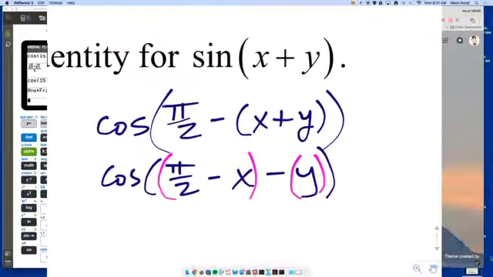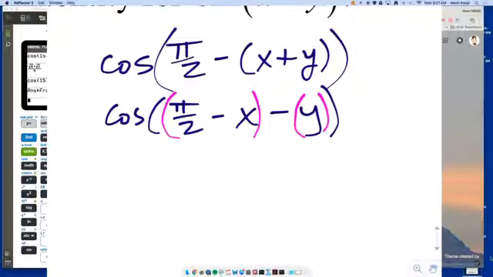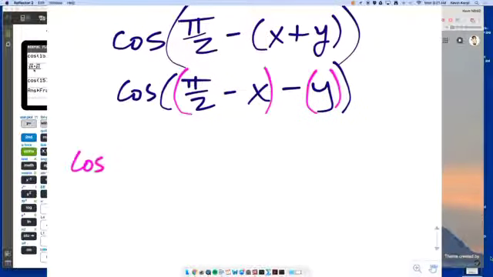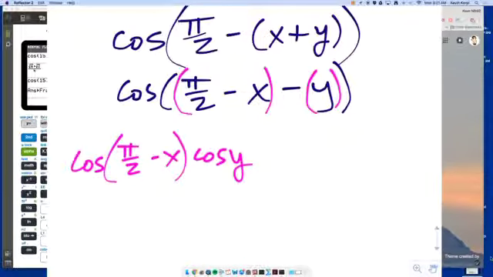So now I have cosine of something minus something. So using the identity, cosine is selfish, right? So it's cosine of the first, which is pi halves minus x, cosine of the second. See that? Cosine, cosine. And now because the sign in between my two angles up here was a negative, what happens down here? It becomes positive.